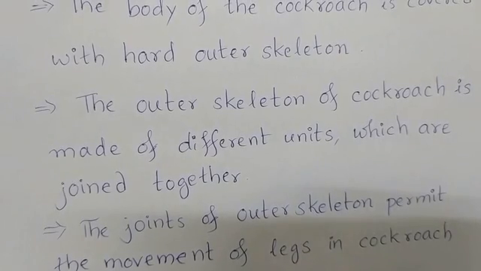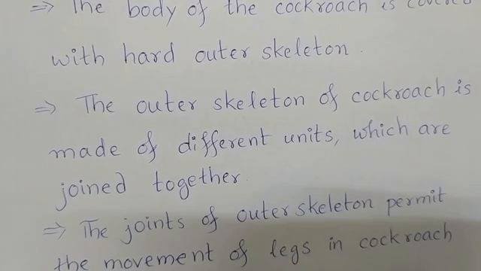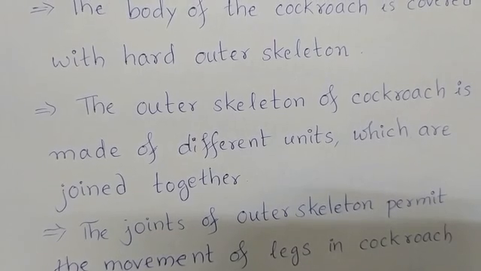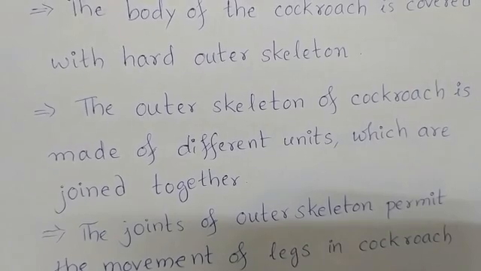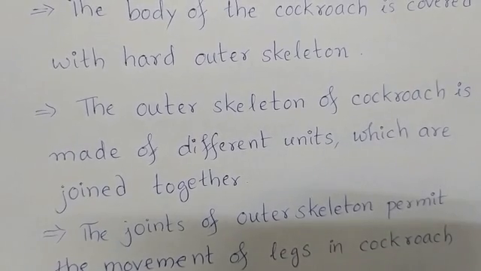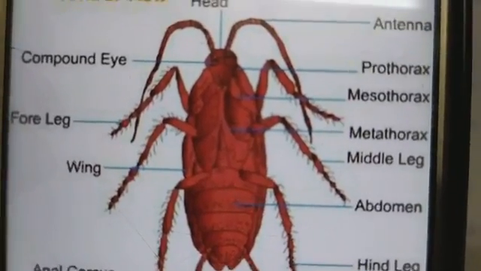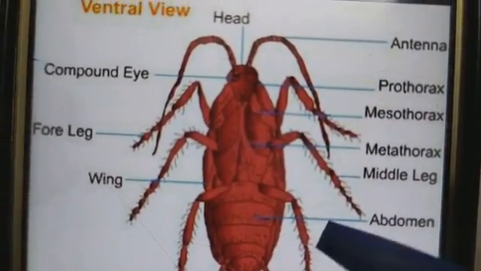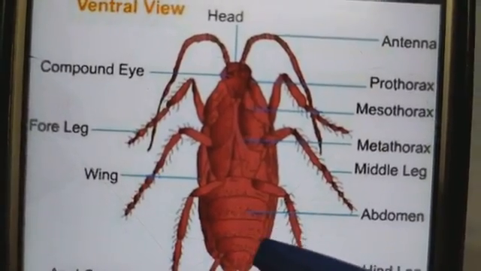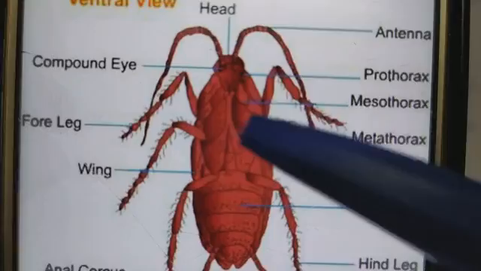They allow the movement. See, there are different joints. Different units are there.